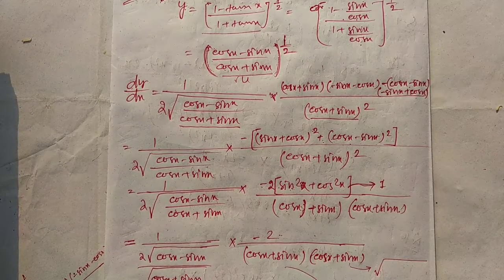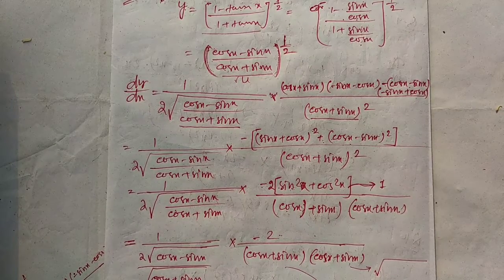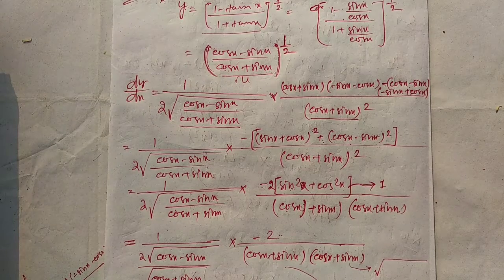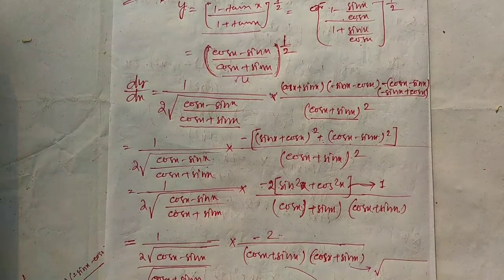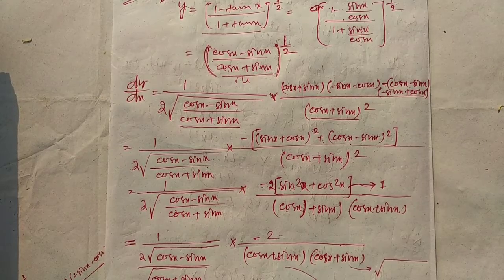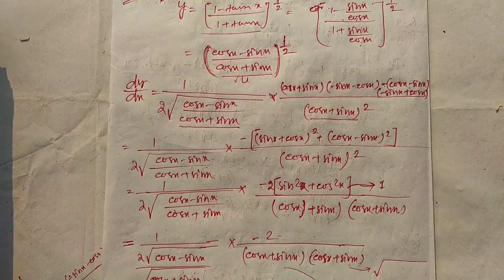So we have covered this concept, and in the next class we will learn the derivative of inverse trigonometric functions and differentiation using the substitution method. In the next class we will study these two concepts.